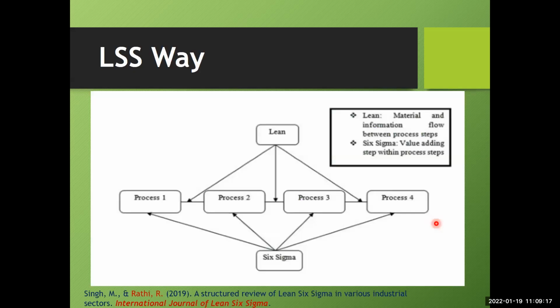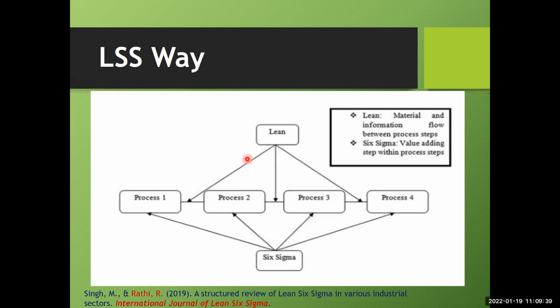A framework to integrate Lean in Six Sigma. Say there are processes: machining process 1, machining process 2, machining process 3, machining process 4. Six Sigma deals with process improvement, how to improve the process, how to make the process perfect.